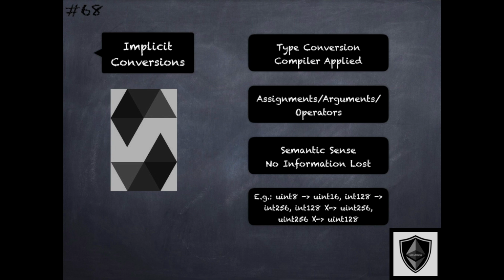So uint16 has 16 bits that can safely store uint8. However, exceptions to implicit conversions are converting from signed integers to unsigned integers, and that doesn't make semantic sense because unsigned integers cannot hold or represent negative values.